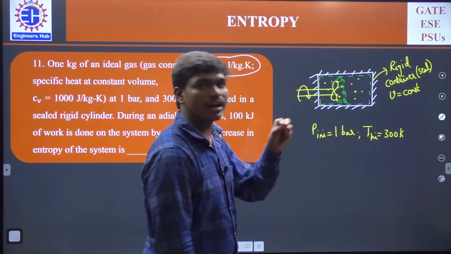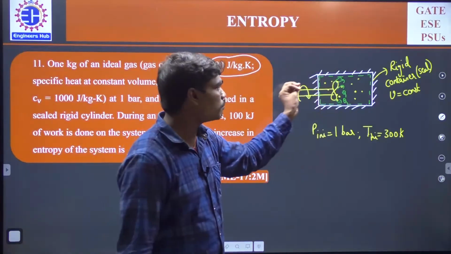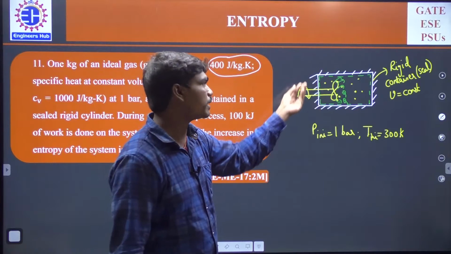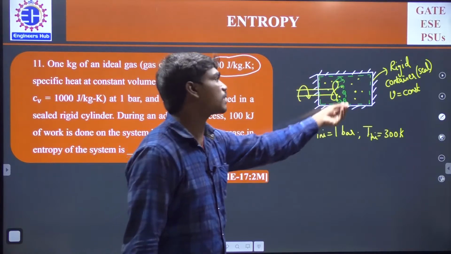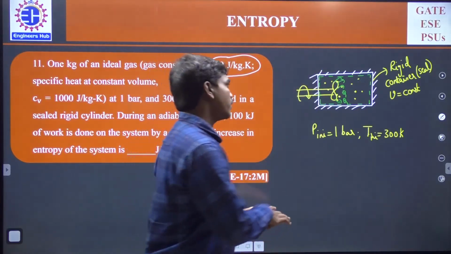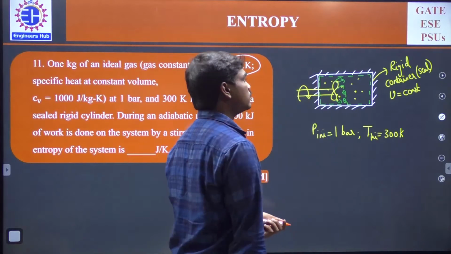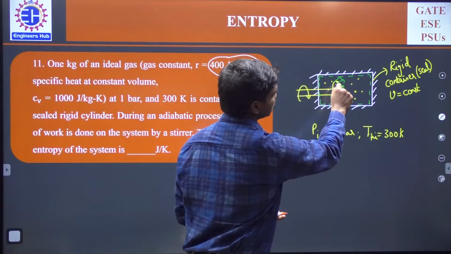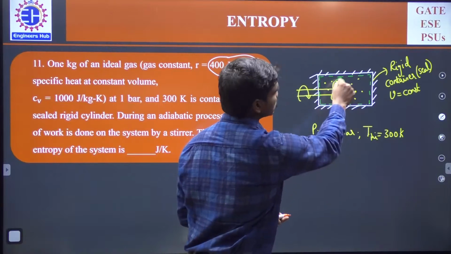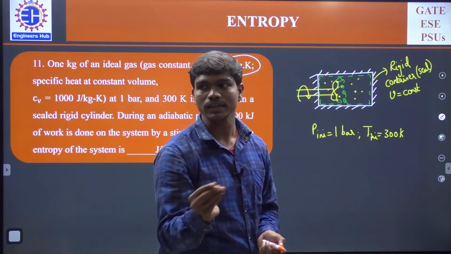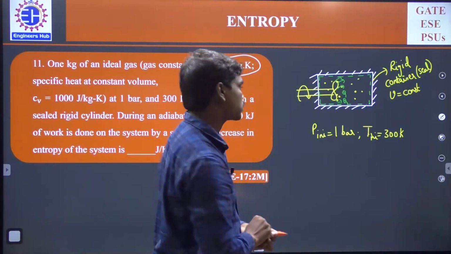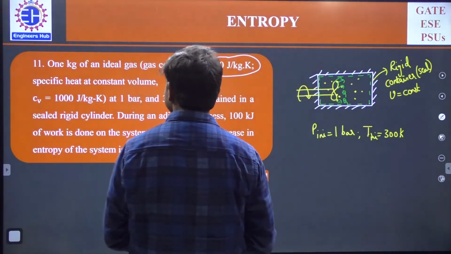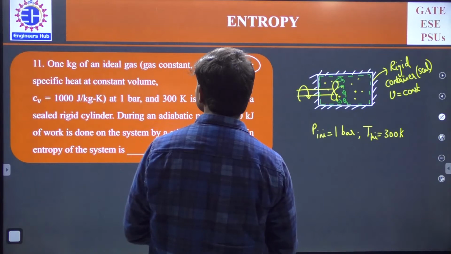Like in the case of mass transfer, if there is mass transfer into the system, you can transfer some entropy with the mass, or if you are supplying heat. But when work is crossing the boundary, entropy is not transferred. Whenever work is transferred to the system, because of friction, entropy can be generated. There is some source: work is done on the system by the stirrer, hence the increase in entropy.